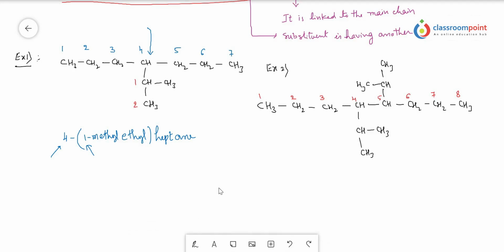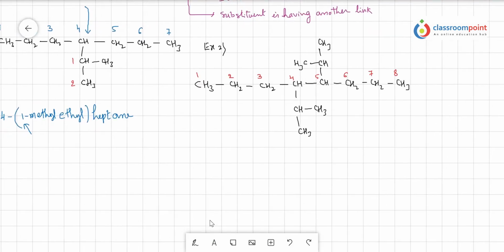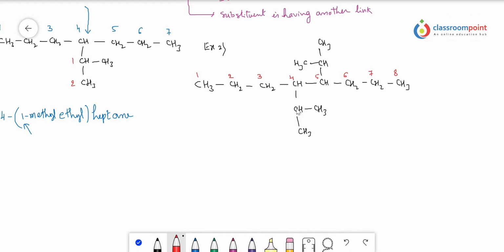Now this is having 2 complex substituents. At the 4th position there is a substituent. If I give numbering from this side, the substituent locations are the 4th position and the 5th position. This is one set.